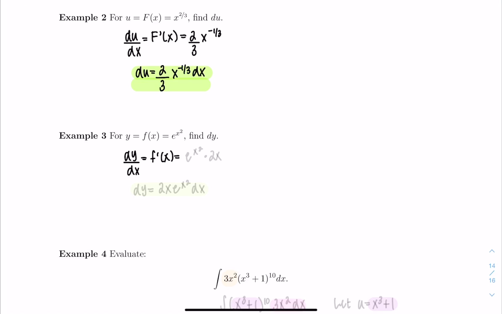The derivative of e to the x, or e raised to anything, is itself, and then you take the derivative of the exponent, which is 2x in our case. And so that means dy is 2x e to the x squared dx.